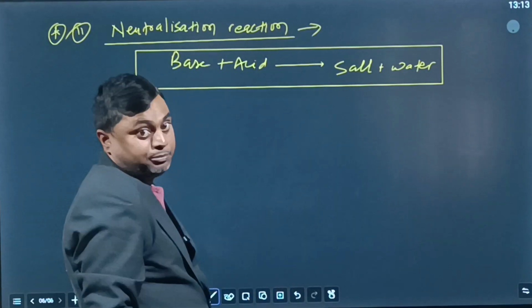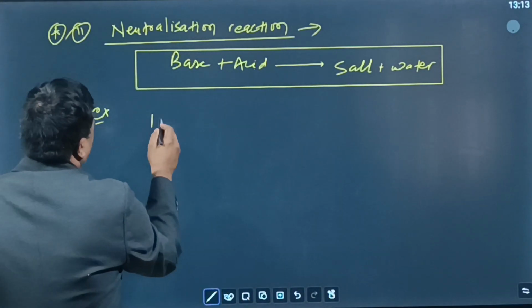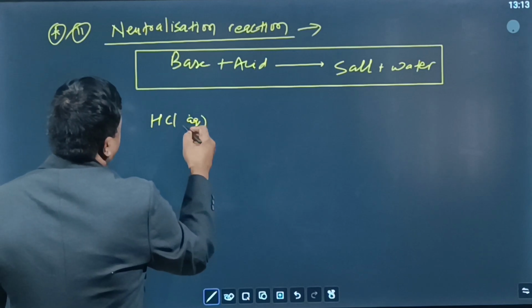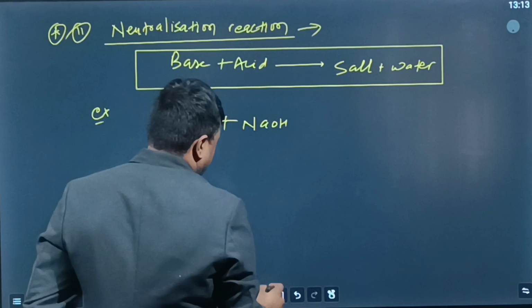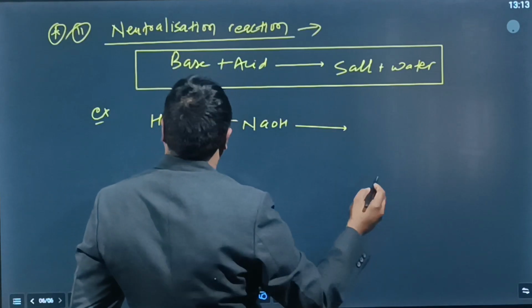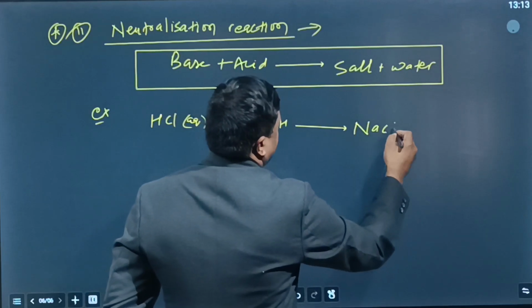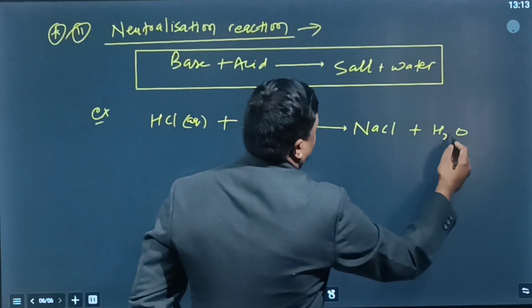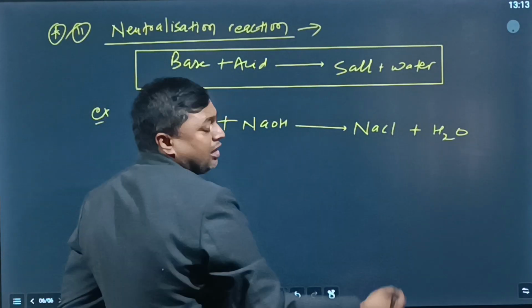This we have discussed in acids, bases and salts also, children. Let's take one example. Hydrochloric acid, HCl, whenever it reacts with NaOH, sodium hydroxide, it gives NaCl salt plus H2O. So this is an acid, this is a base, this is a salt and water.